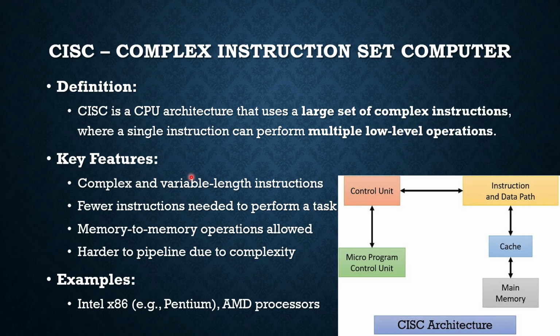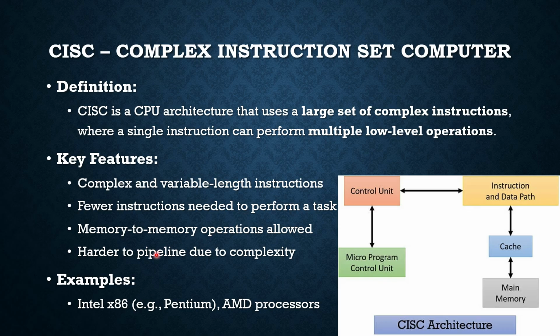The instruction set is not fixed as in the case of RISC. Here, the instruction set is complex and of variable length, and fewer instructions are needed to perform a task. Memory to memory operations are allowed.